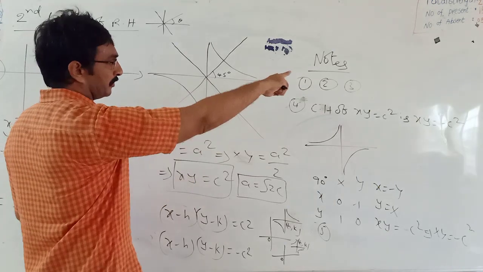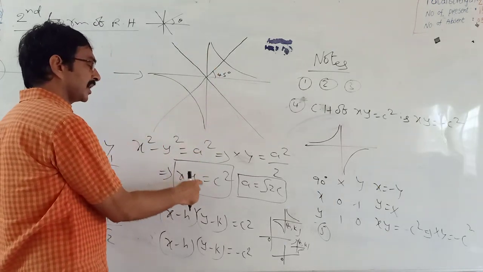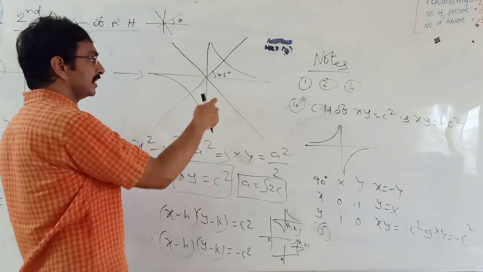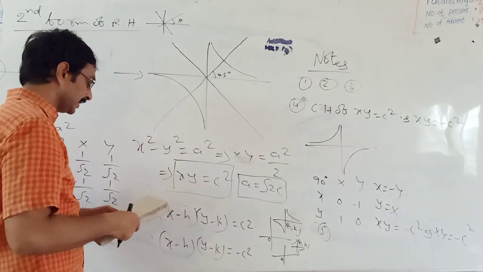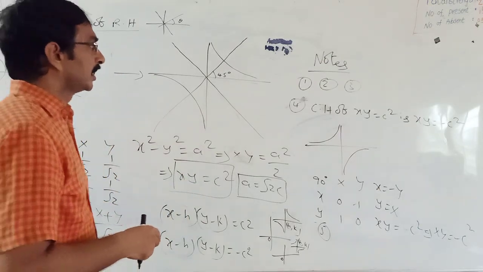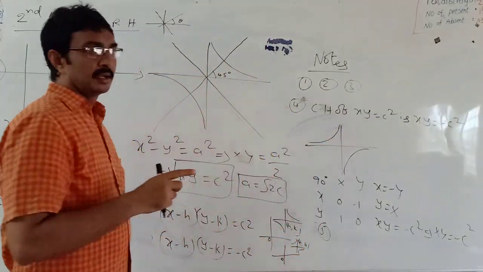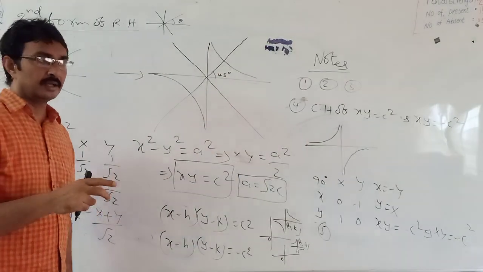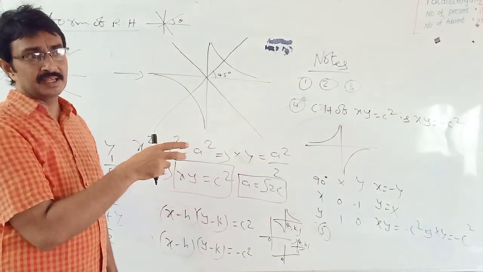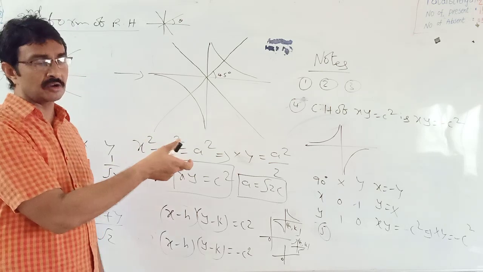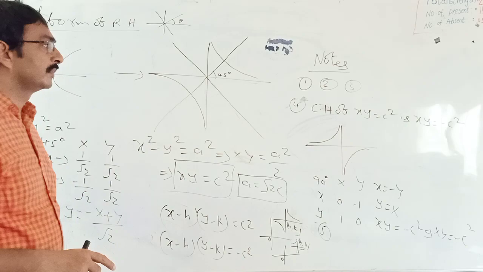And clearly, third property: the angle between the asymptotes of this second form of rectangular hyperbola is also 90 degrees, because the angle between the x-axis and y-axis is always 90 degrees. Fourth one: conjugate hyperbola of xy equal to c square. Definition of conjugate hyperbola: if we rotate the given hyperbola through an angle 90 degrees in anti-clockwise or clockwise, the resulting one is called the conjugate hyperbola of the given one.